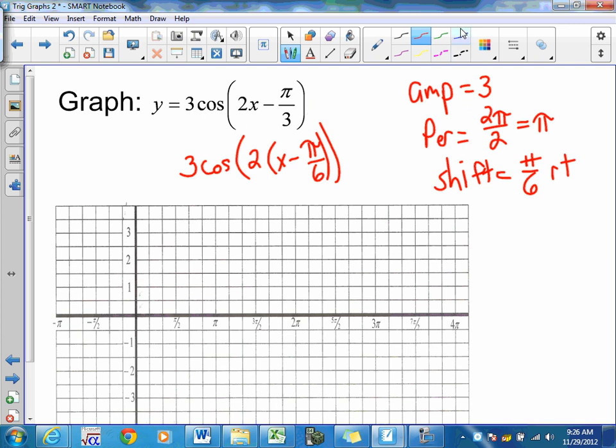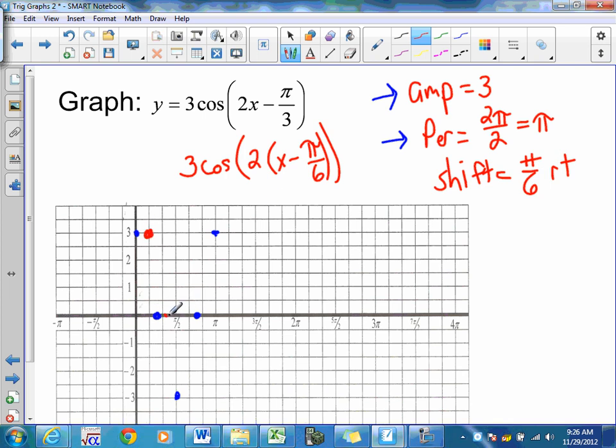So I'm going to graph the amplitude and the period. Those change the shape. So cosine starts at 1, so it starts at 3, ends at pi, negative, it's at negative 3, in the middle it's here, and here. Now, if I was doing this, I can slide things around the smartboard, so that doesn't really help you. Let's show how we can do this by hand. So I have those dots. Now I'm going to shift them all to the right, 1 line.